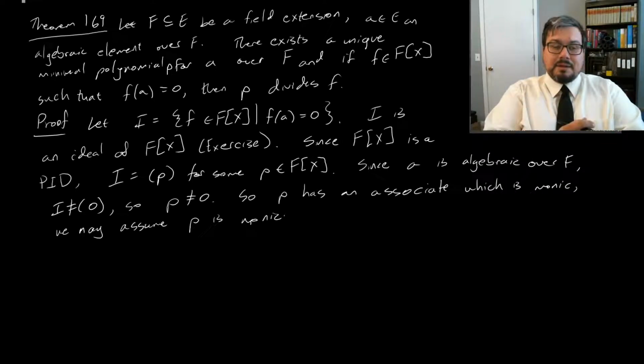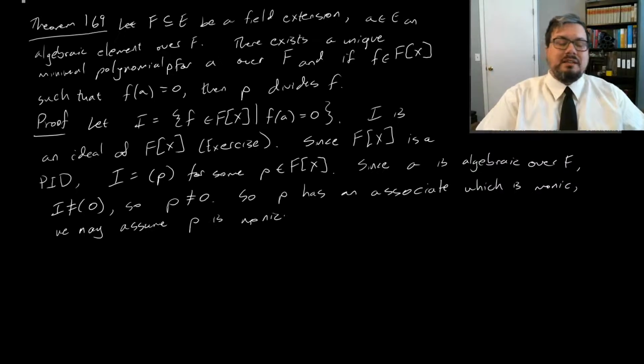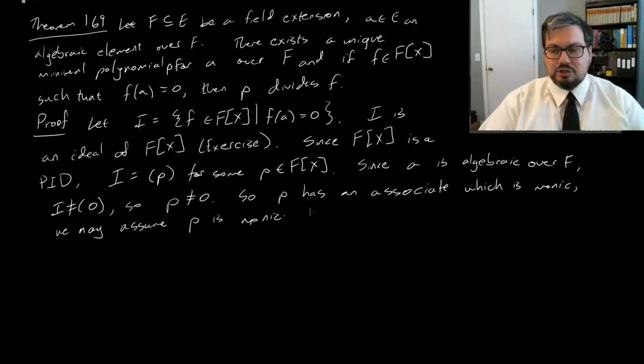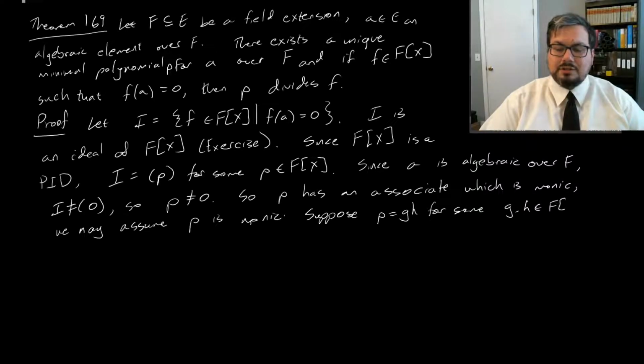So p is monic. Because p belongs to I, it is a polynomial that has a as a root. The only thing left to show that p is a minimal polynomial of a is to show that it's irreducible. So let's show that. Let's suppose that p is equal to g times h for some g and h belonging to the polynomial ring F adjoin x.